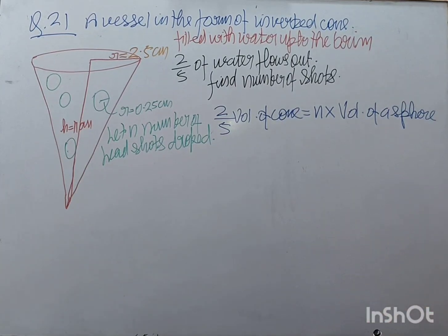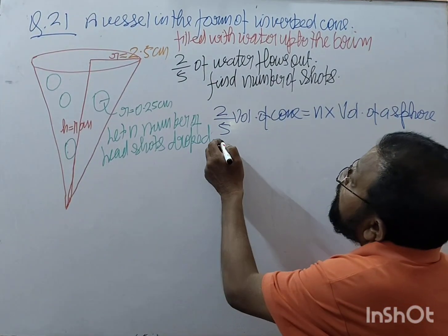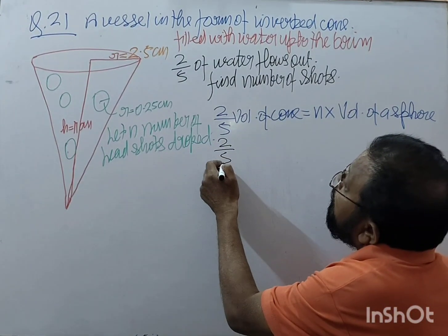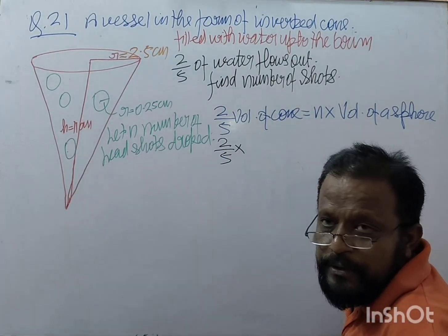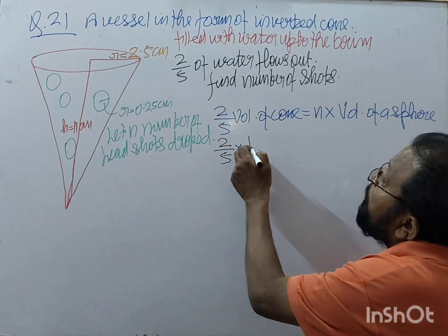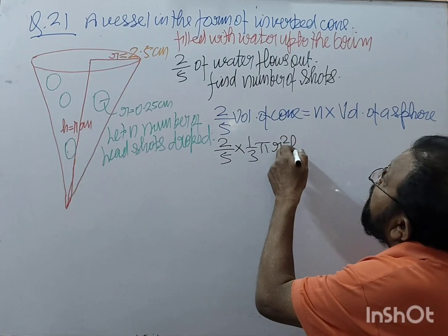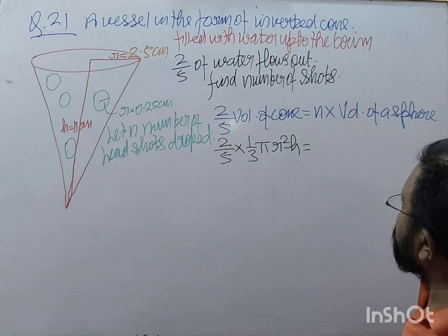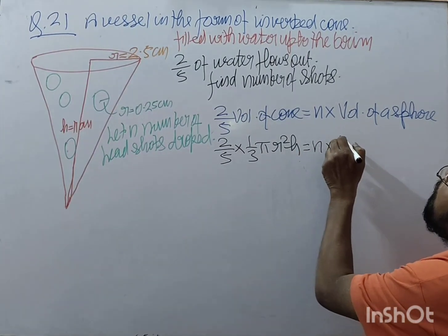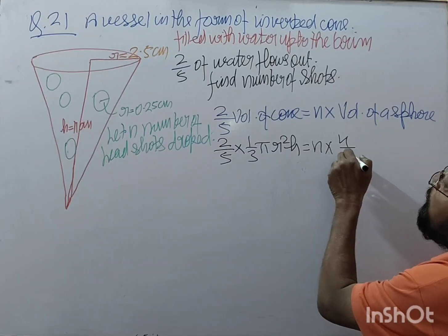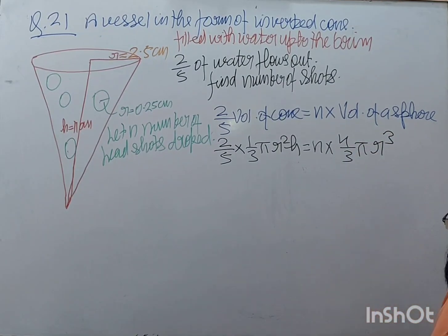So we have 2 by 5 into volume of cone, 1 upon 3 pi r square h, is equal to n into 4 by 3 pi r cube.